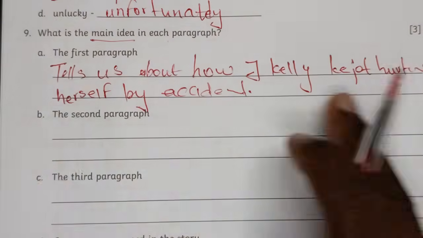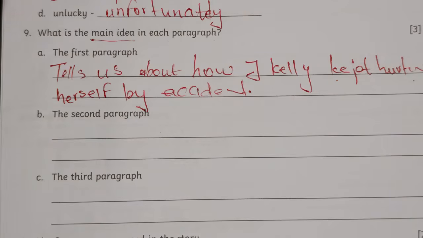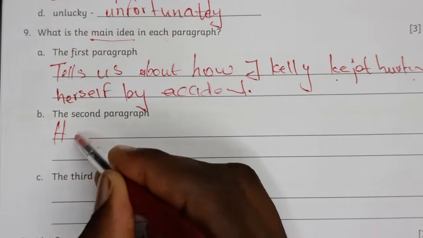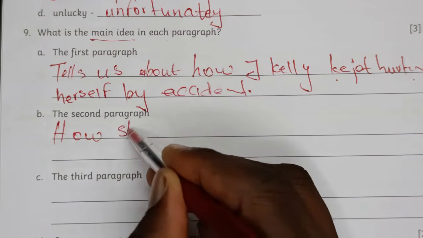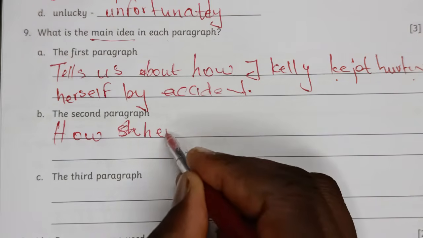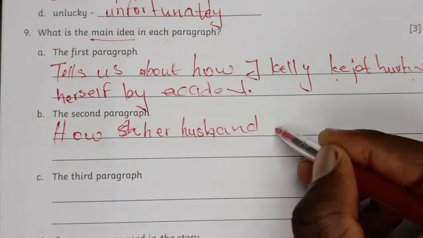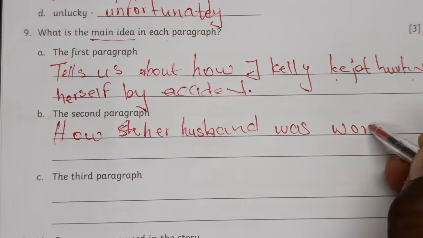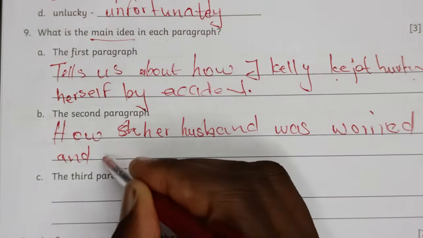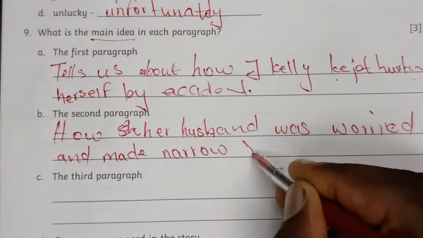So when you go to the second paragraph, here this one tells us how her husband was worried and made narrow stripes.